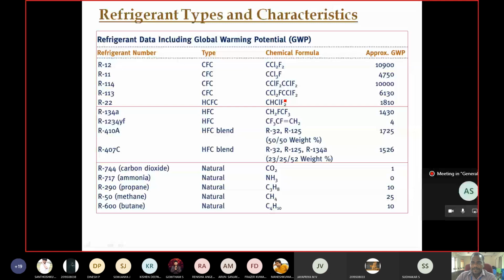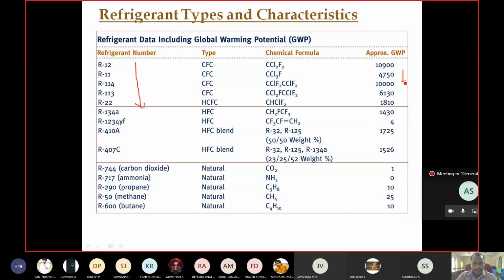Then the GWP values are given here. So GWP means the global warming potential. So this is for the ozone depletion. So we have a lot of refrigerants and the GWP numbers. So we have to choose based on our requirements. Right.